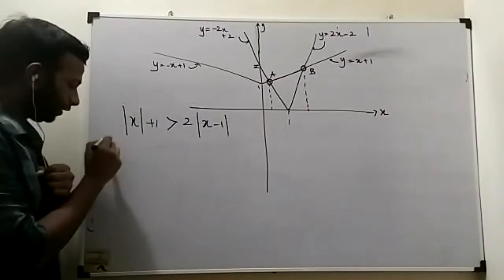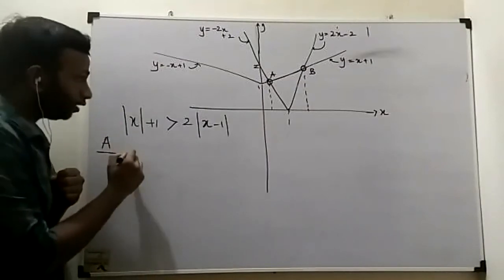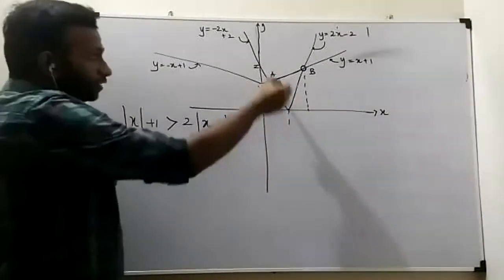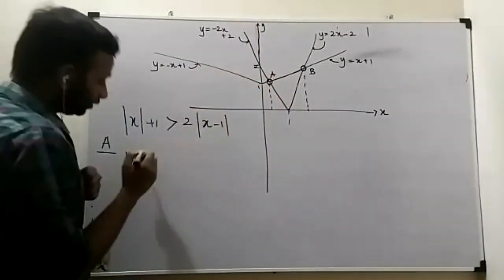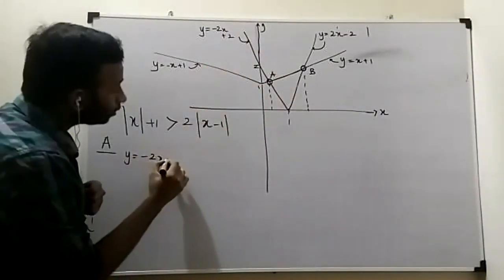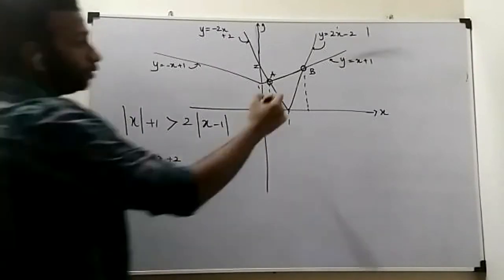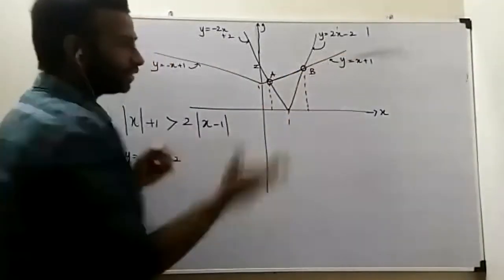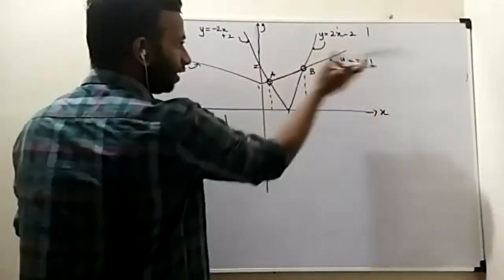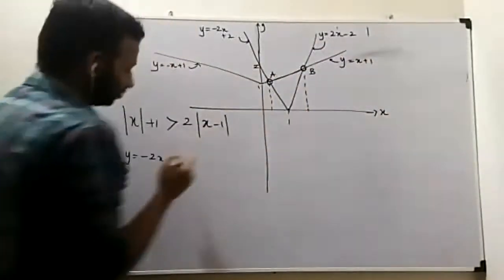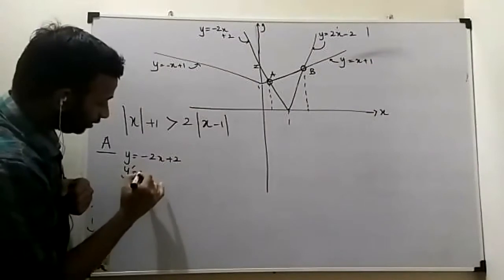So let's take point A. What is the equation of this one? y equals minus 2x plus 2. Don't mix it up, it's still the same graph. And this one is y equals x plus 1.